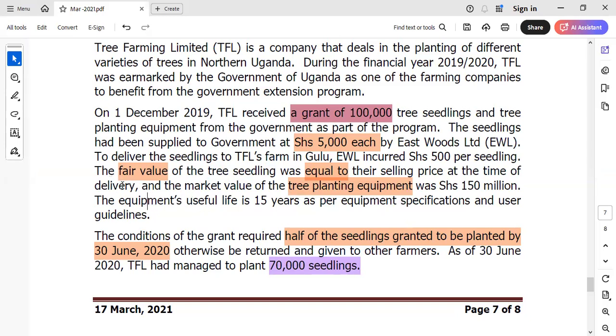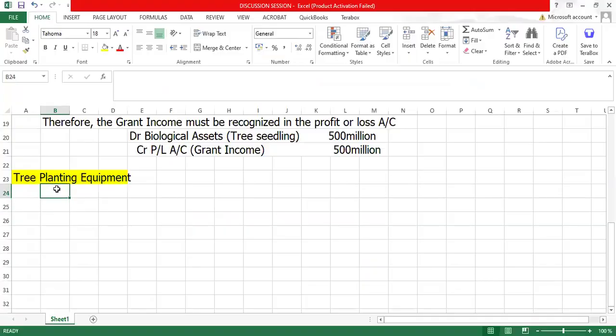The market value of the tree planting equipment was shillings 150 million as at 1st December 2019, and the useful life is 15 years. So what are we going to do here?